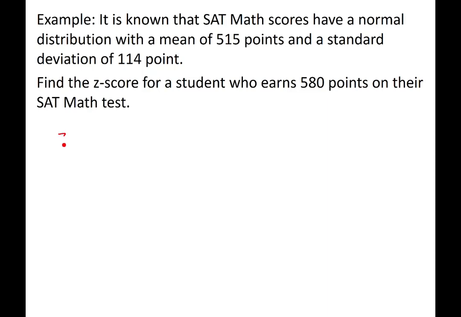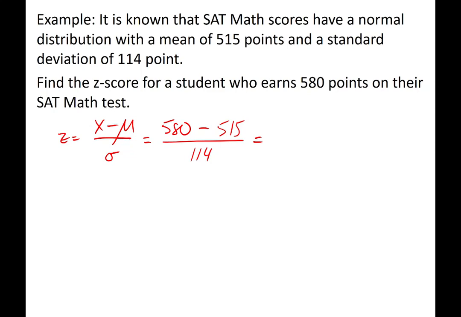So if we want to find the z-score for this student, we go like this. What's the x here, the observation? 580 is the x. The mean is 515. Standard deviation is 114. You put this in your calculator, and what does it come out to be? 0.57.